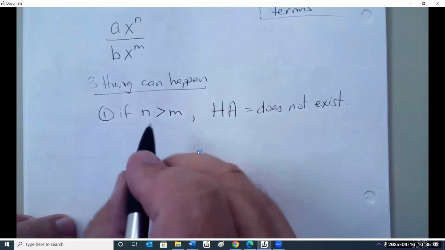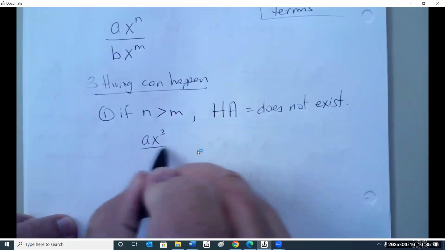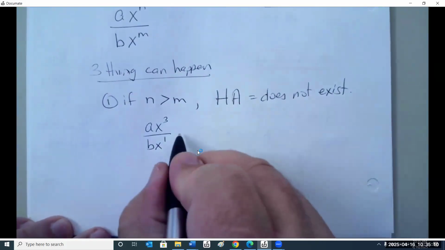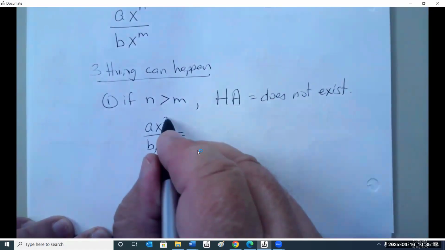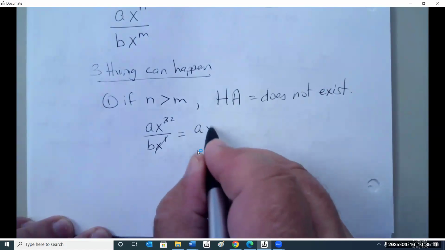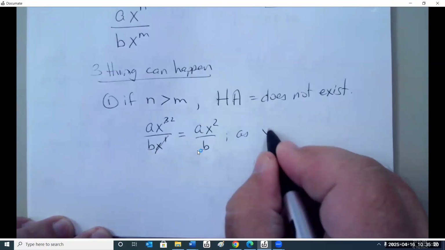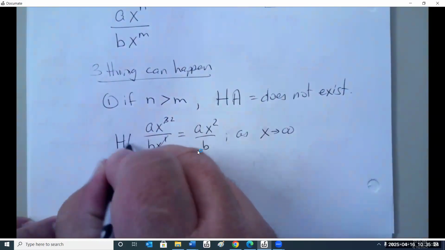Here's the reason why. x to the third over x to the first. 1 x cancels, so we have ax squared over b. As x goes to infinity, remember, this is our horizontal asymptote.